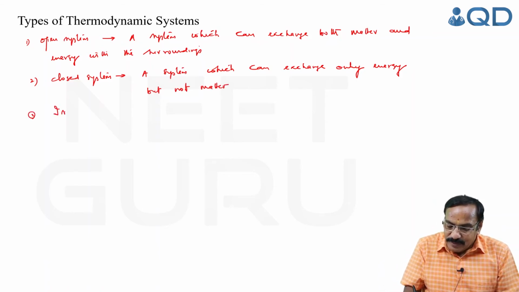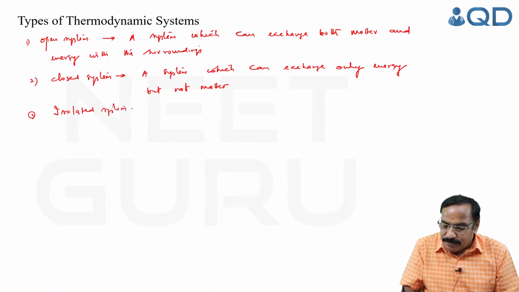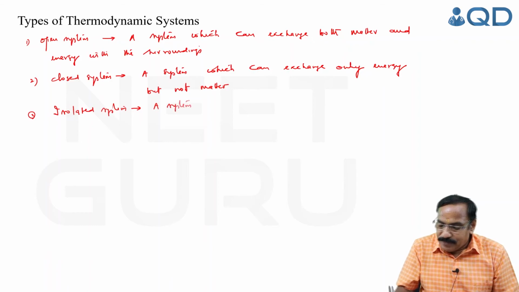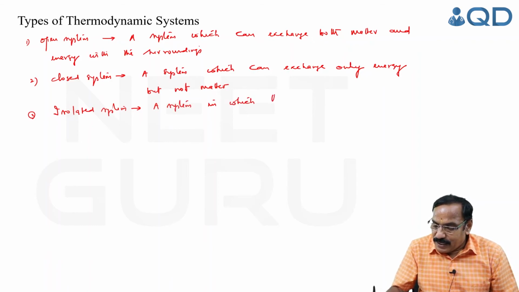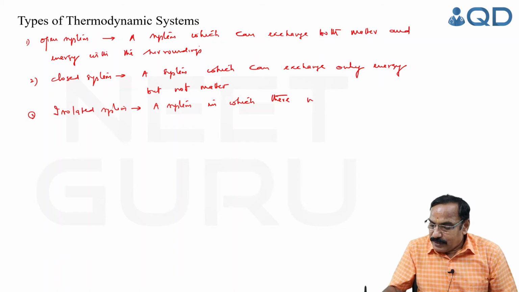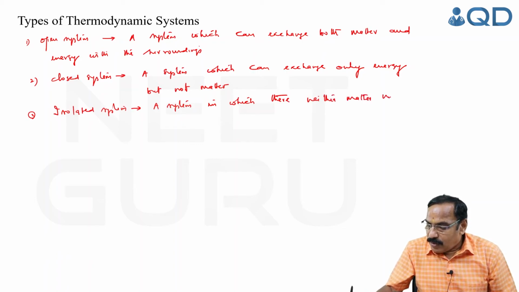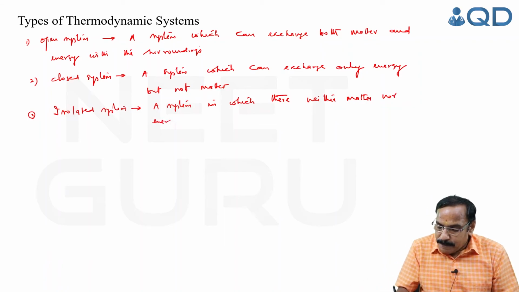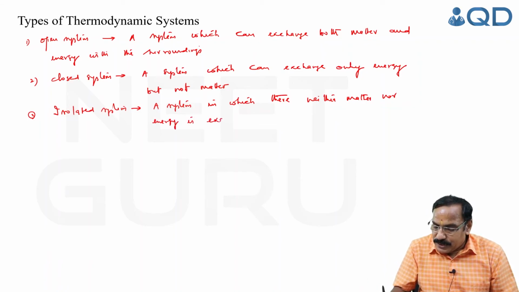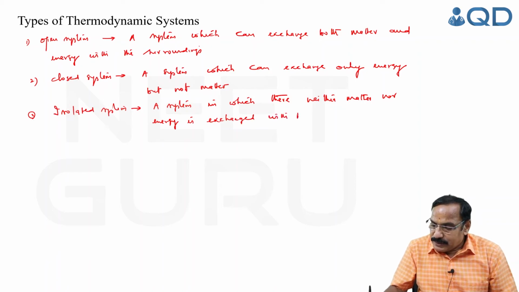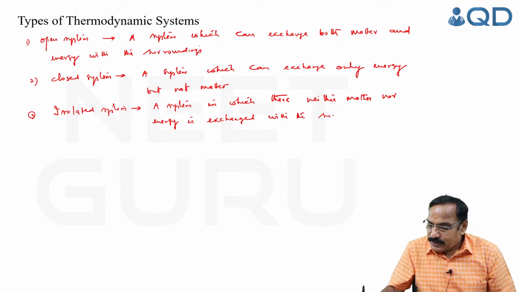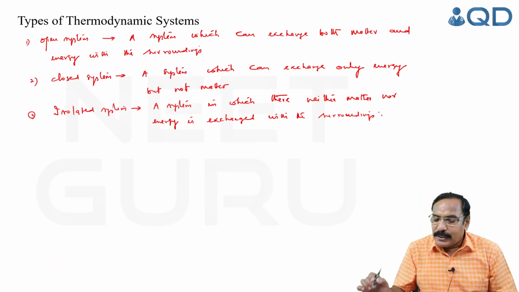And third one, as it is very clear from the word, is the isolated system, a system in which neither matter nor energy is exchanged with the surroundings. Simple. It is the beginning of our thermodynamics.